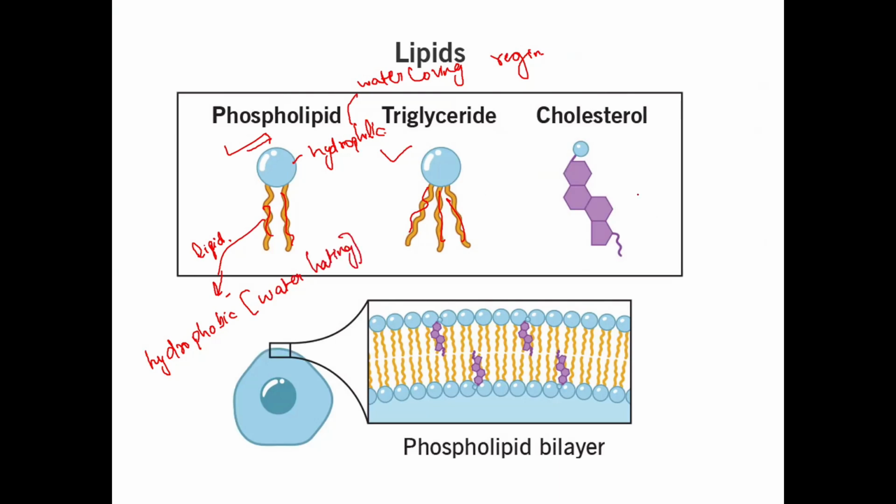This is a cholesterol. Look at how in the cell membrane these phospholipids are arranged like this: head, tail, head, tail, head, tail. The cholesterol molecule is also there inside. So it's basically the cell membrane.